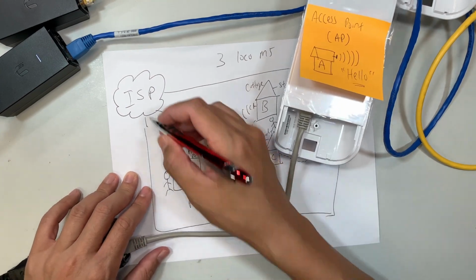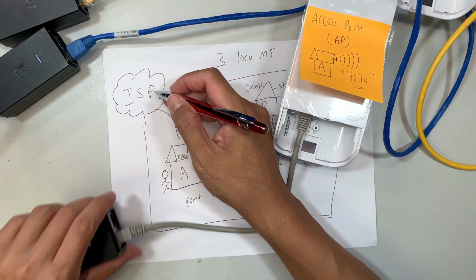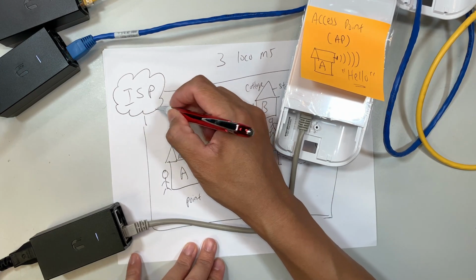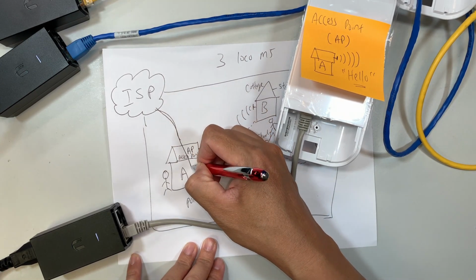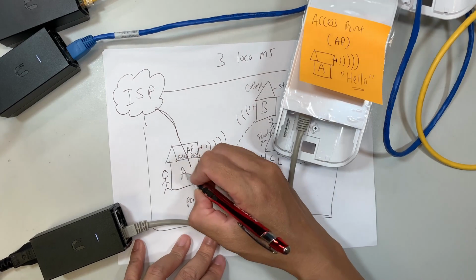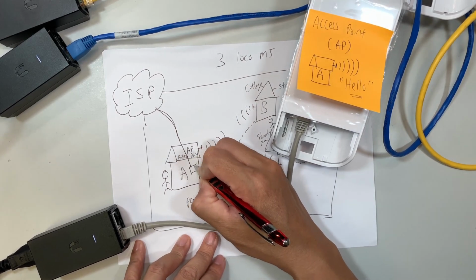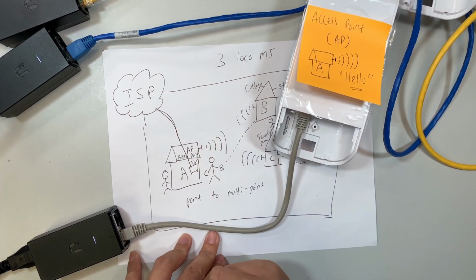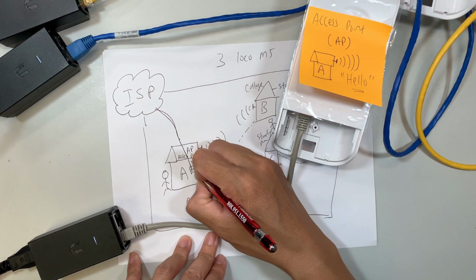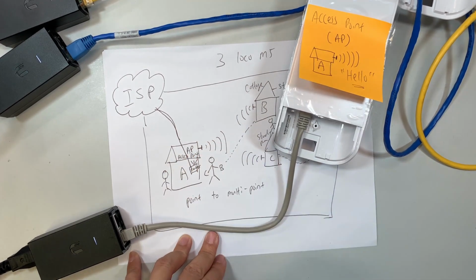Okay, so the internet service provider, the one that you pay monthly for the internet, is going to give you the internet cable into your house, into the A building. And assuming this is your Wi-Fi router at home, your router is here.